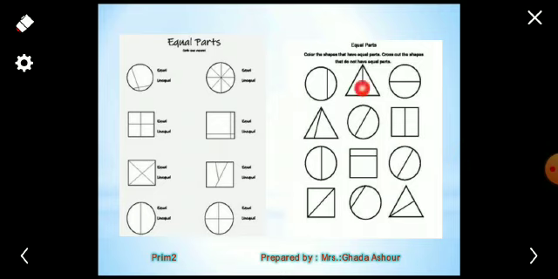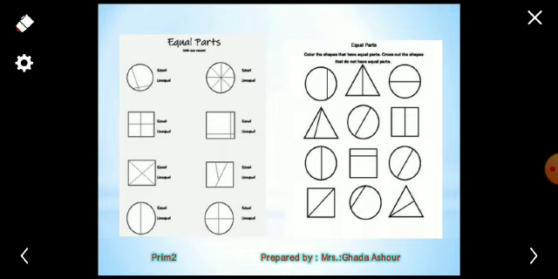So, color it. Remember, we color the shapes that have equal parts. Now, what about that circle? Yes, that circle is divided into two equal parts, so you can color it. What about that triangle?